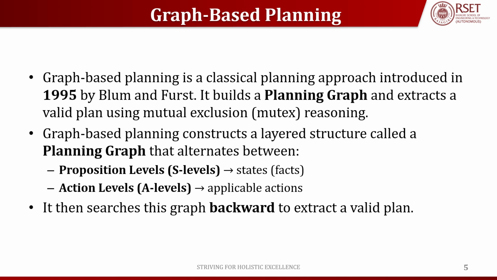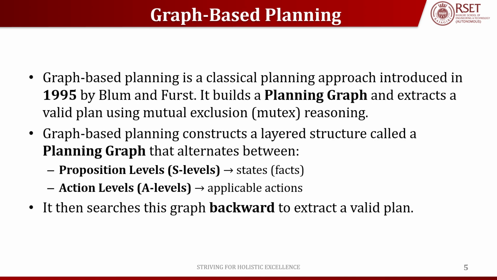Graph-based planning constructs a layered structure called a planning graph. This structure alternates between two levels: proposition levels and action levels. Proposition levels are also known as S levels, and action levels are also known as A levels. Proposition levels mainly represent states or facts, whereas action levels represent applicable actions.